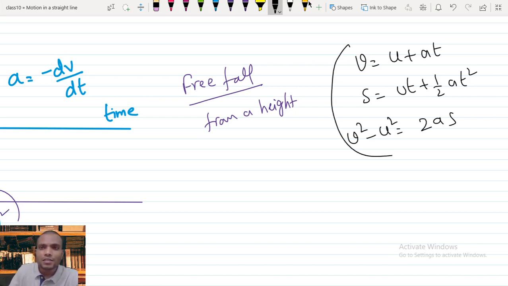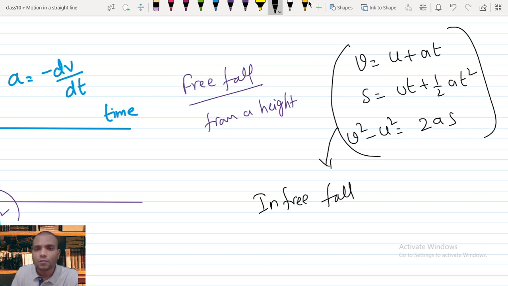But these three equations will change in the free fall condition. In free fall, acceleration a is always minus g on earth. Remember this carefully: in free fall condition, acceleration is always minus g.